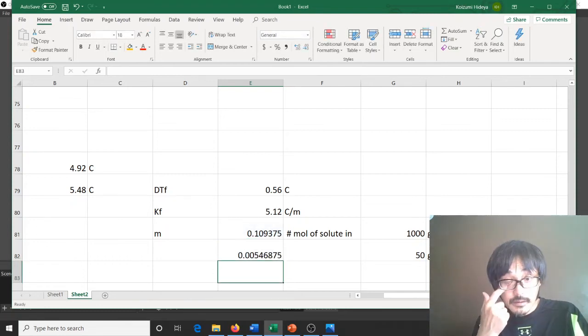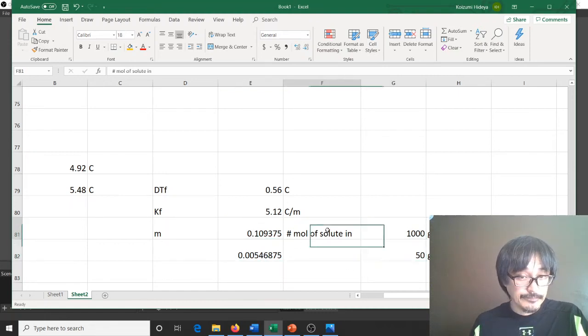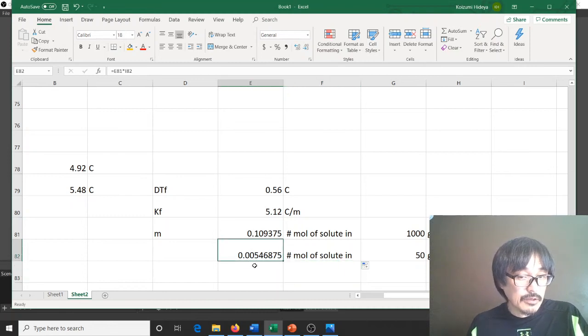You get this. So basically this over this is equal to this over that. Alright, so I figured out the number of mole of solute in 50 gram of solvent.